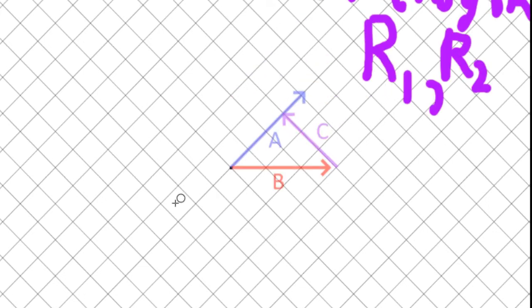So first, R1 is going to be equal to A. We just set R1 equal to A because we need to start somewhere.